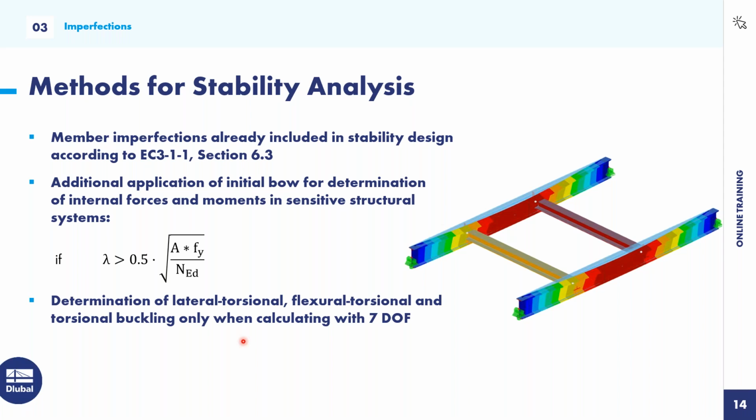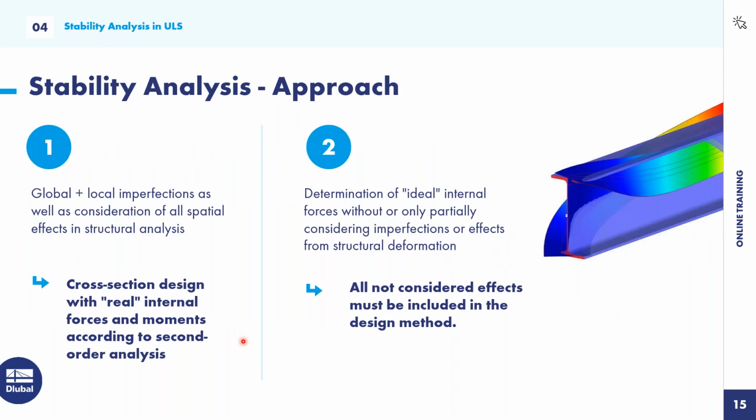So again, to summarize, when I calculate the structural stability of a structure, then I have only 6 degrees of freedom, and the result is only valid for the flexural buckling. So now let's come to the stability analysis approach. I have here global and local imperfections, as well as consideration of all special effects in the structural analysis.